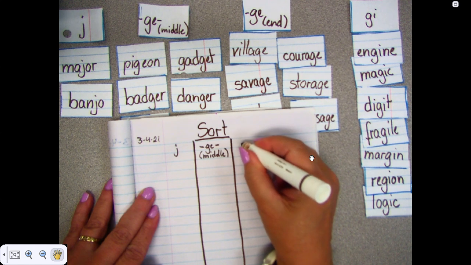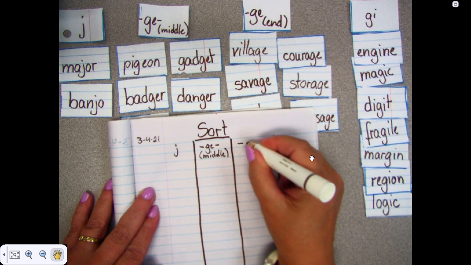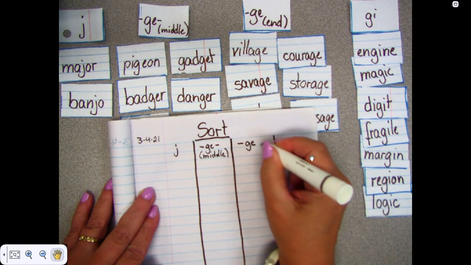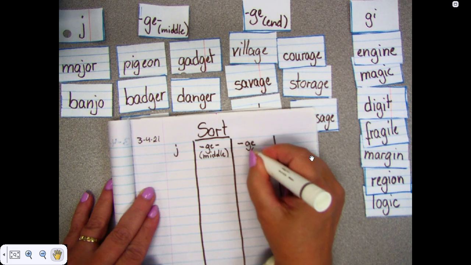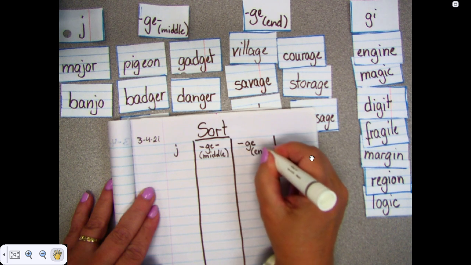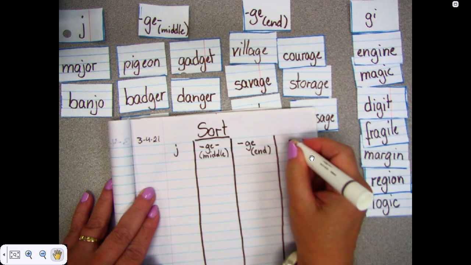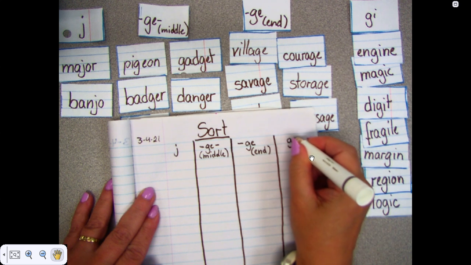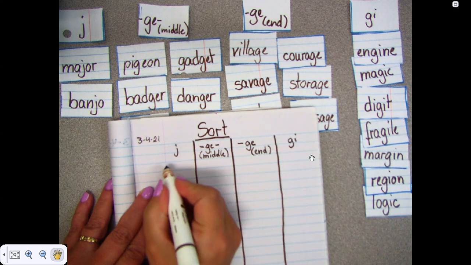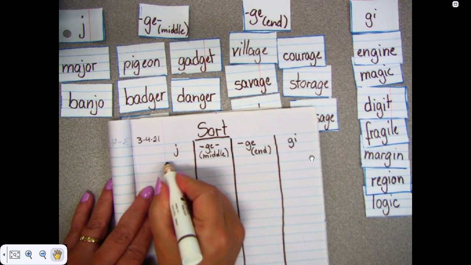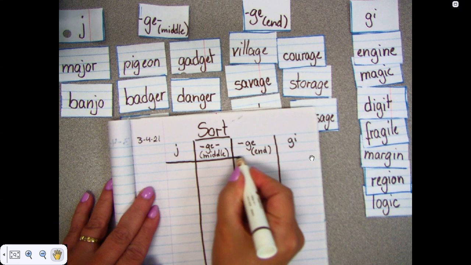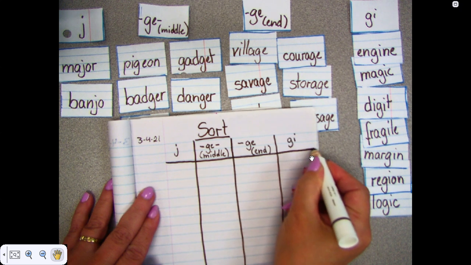This again is GE, so I'm going to put my hyphen because the word is in front, and the GE is at the end, so there's nothing after the GE, and down here I'm going to write this is at the end of the word. My last one is when it's spelled with GI, anywhere in the word. And since I have 2 lines here, I'm going to go down to the bottom of the second line, and I'm going to draw a line across.